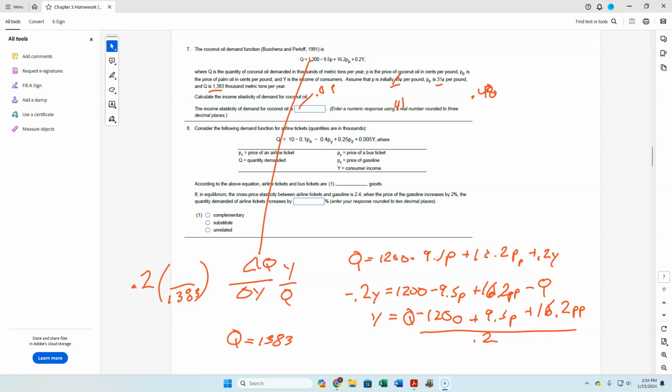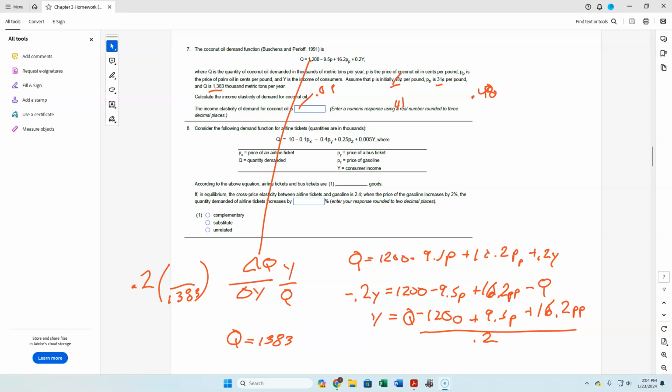And then when we change things here, what we would see is that if the cross-price elasticity itself is 2.4, and we're changing it by 4%, then we would take 2.4 times 2, which would give you 4.8 right there.